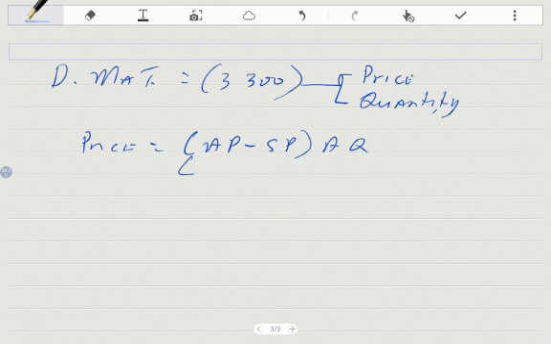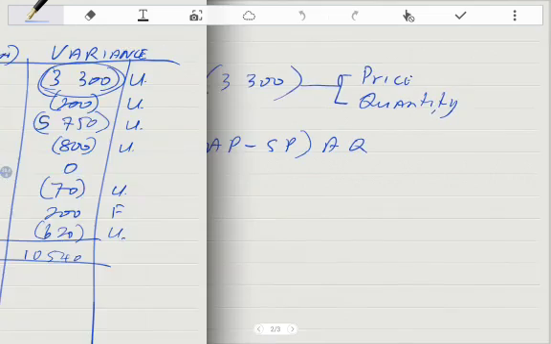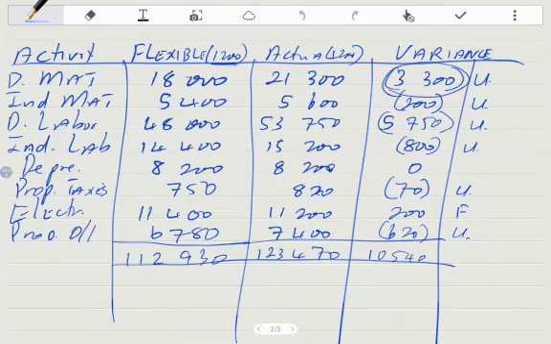So to simplify this, I'll just take this total and say, okay, the material base to the actual. We can work around this. Yes, we can. Because in your actual, guys, you've got 21,300.